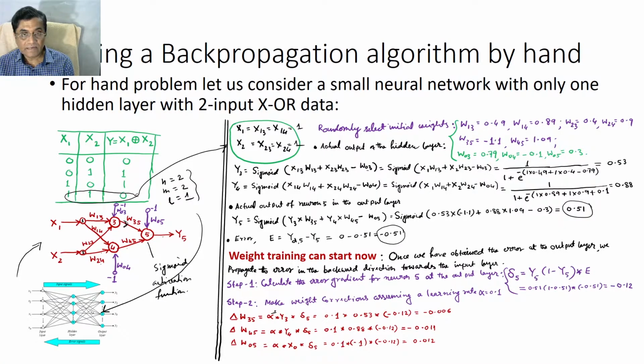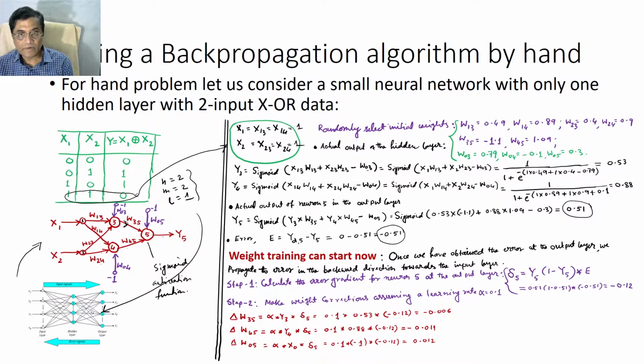Take alpha as, say, 0.01, or 0.1, whatever. You are doing it by hand, so you can take any value. So now alpha times y3 times delta 5.